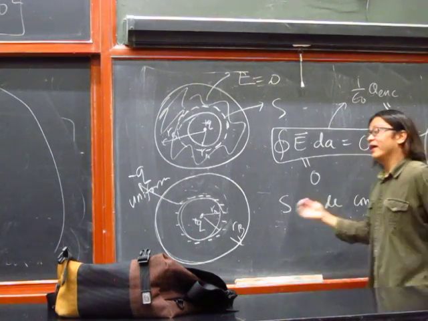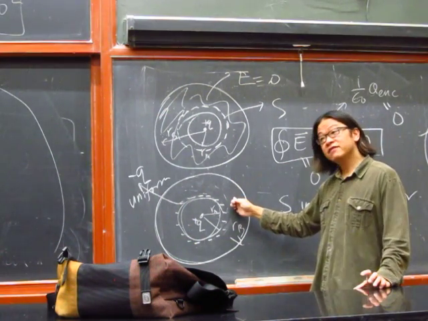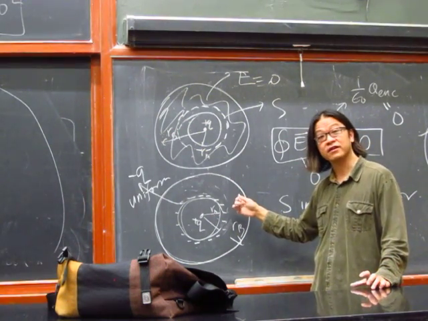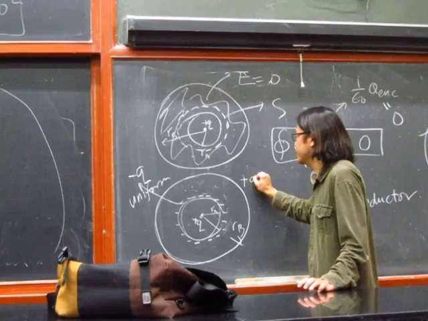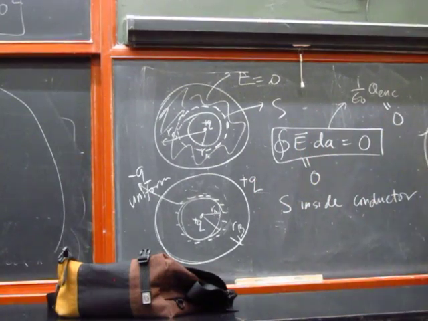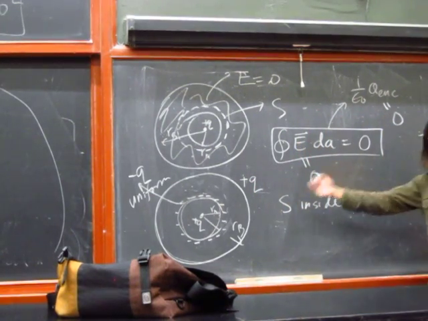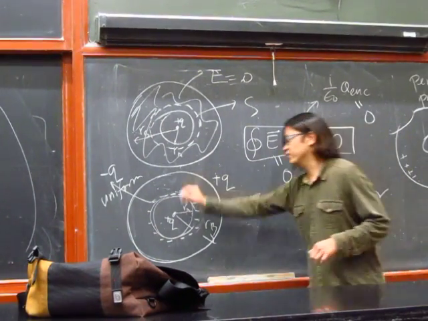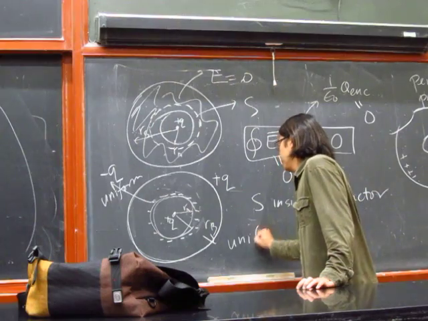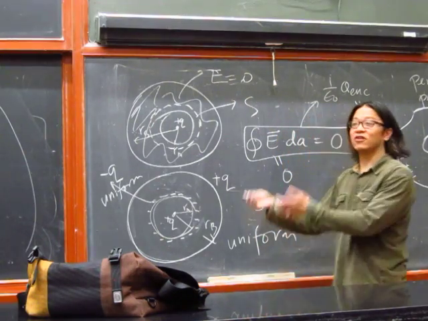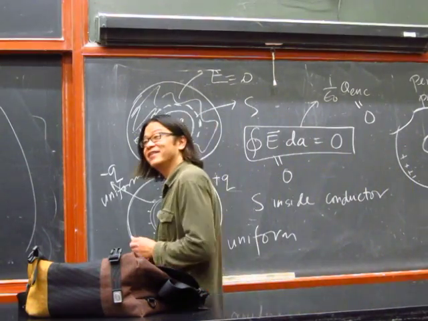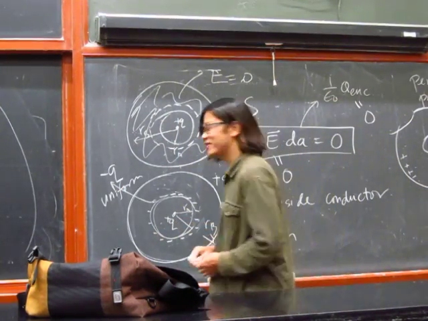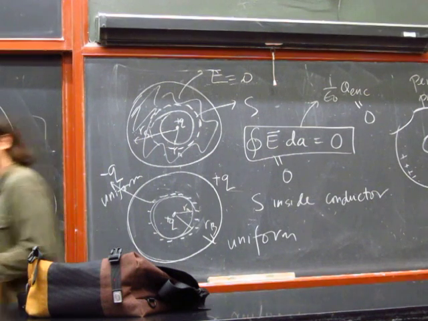Then, because the conductor is neutral, you must have plus Q on the outside. What is the distribution of plus Q in this case? It's also uniform, just because of spherical symmetry. Okay, let me continue next time.